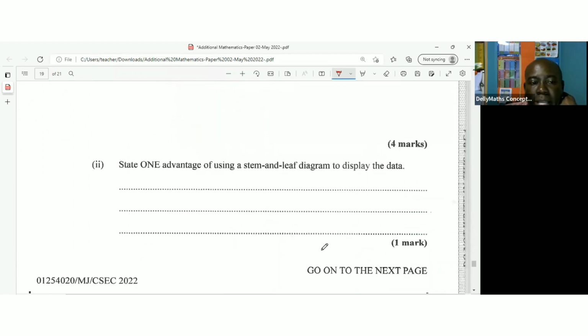All right, the question says, state one advantage of using a stem and leaf diagram to display data.